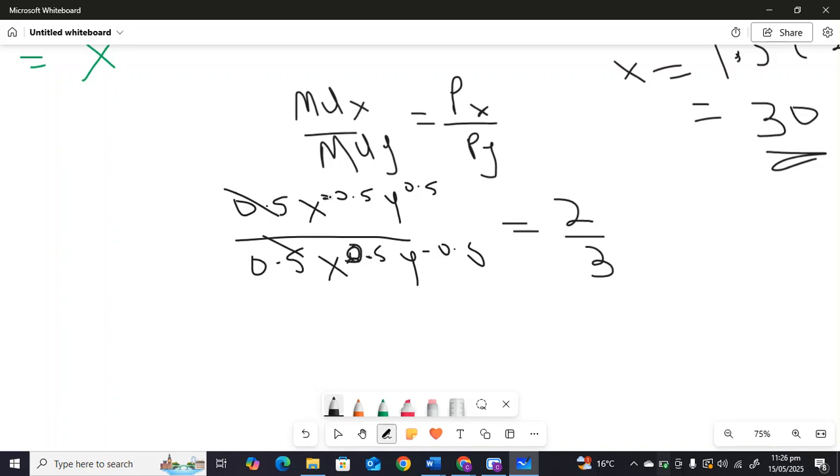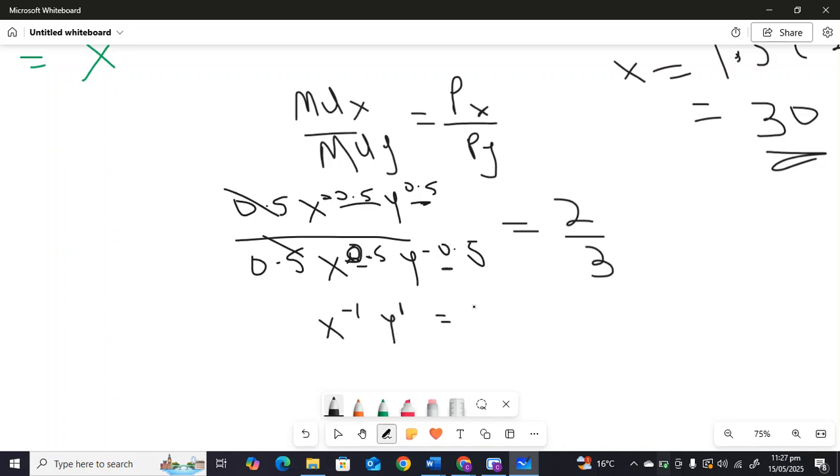Remember from indices, when you're dividing same bases, you subtract the indices. So x to the power negative 0.5 divided by x to the power 0.5. So we subtract negative 0.5 minus 0.5, and we're going to get negative 1. Then for y, we subtract 0.5 minus negative 0.5, you get a 1.